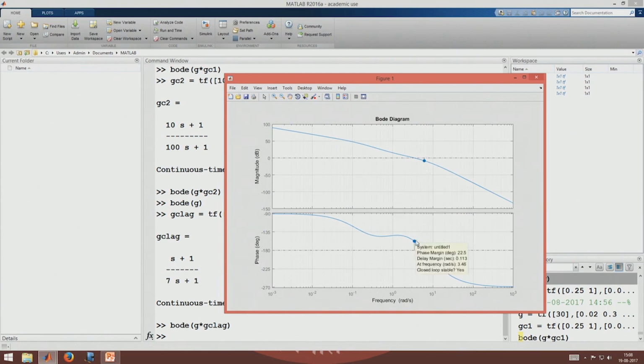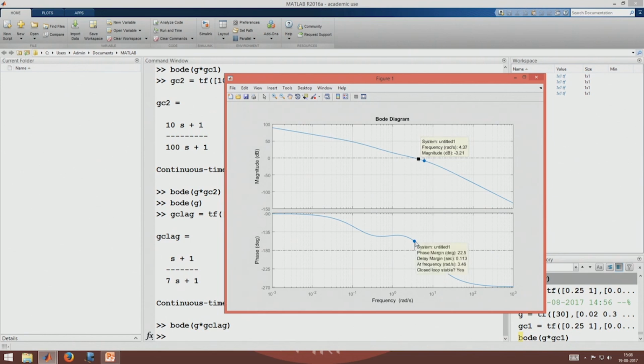I have now a phase margin of up to 22 degrees, it's fine, and I have a gain margin of 8.2, and let's check what is the bandwidth. The bandwidth is pretty small, say close to 4.3.